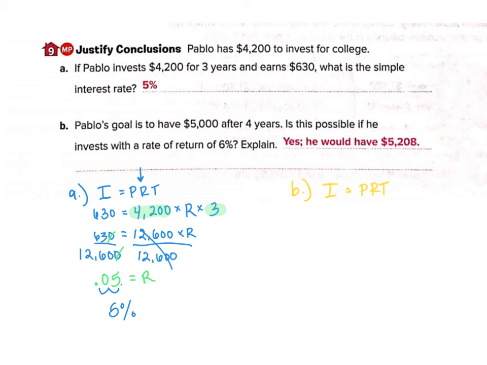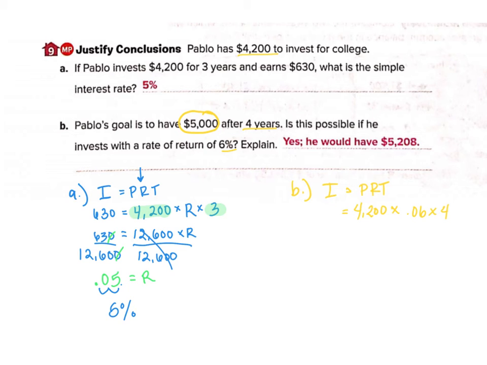So if his goal is to have $5,000, that's just what I'm going to tuck in the back of my head. The principal is still $4,200 because that's what he actually has. The rate was 6%, so I'll write that as 0.06, and the time is 4 years.